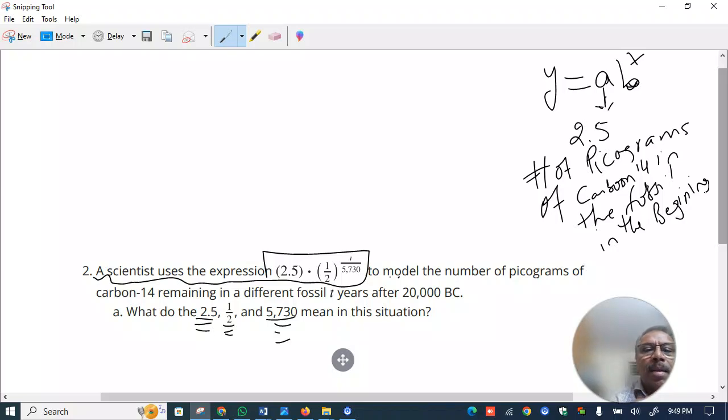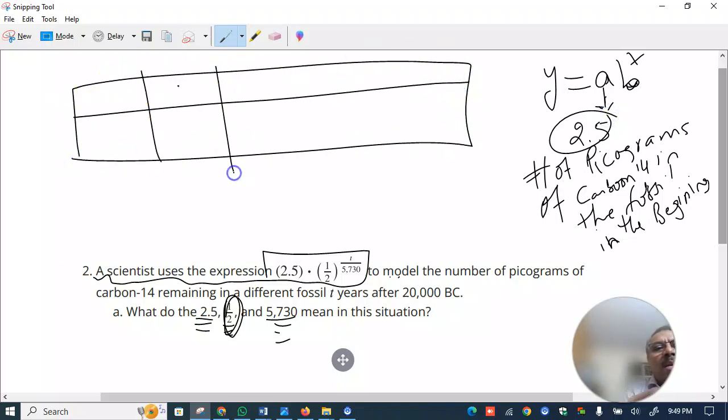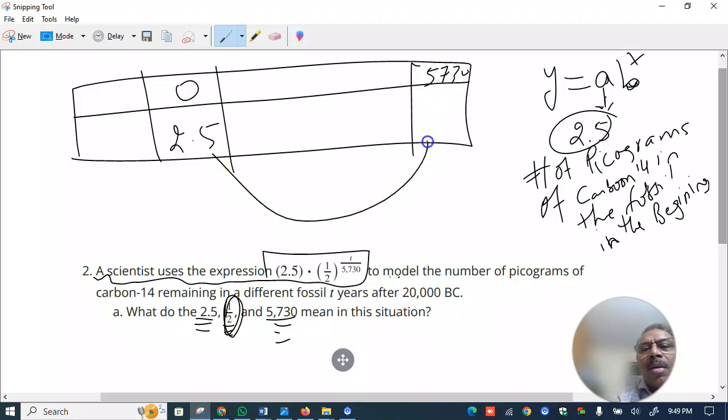Then it says that every 5730 years, this becomes half, which is 1.25. That's what this means actually.